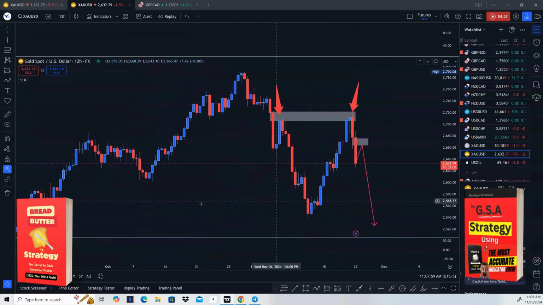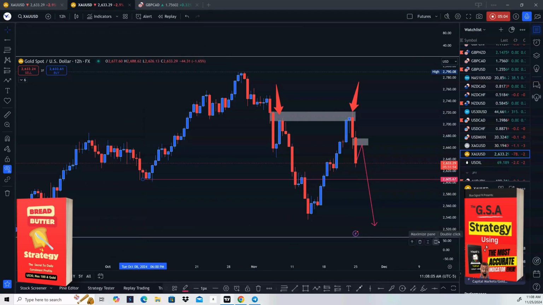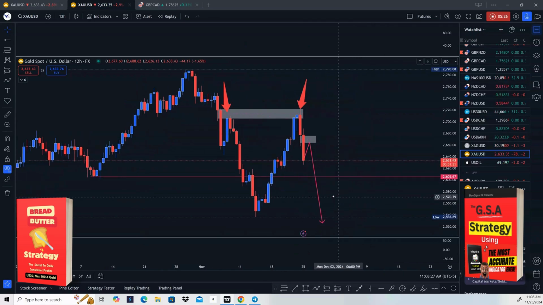We broke structure here, so that was another reason for me to want to look to take another sell on gold. After a break of structure, guys, there's always a pullback. So we had a nice break of structure down. Price came back up to retest this area here, and then gold started to fall again.